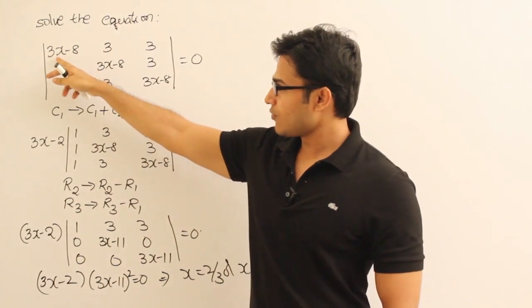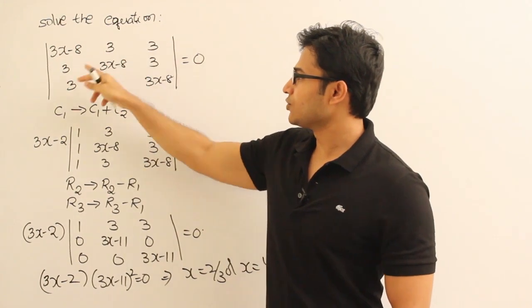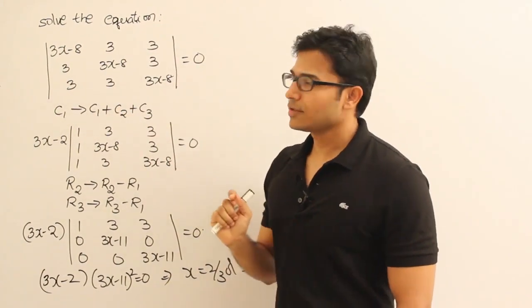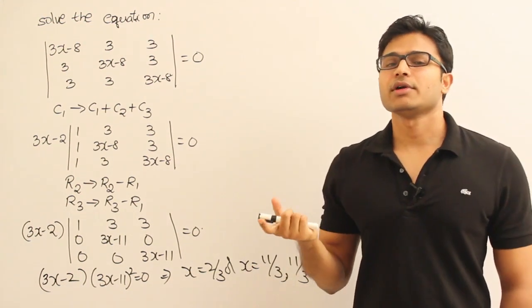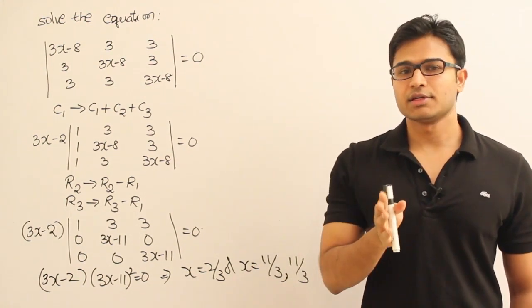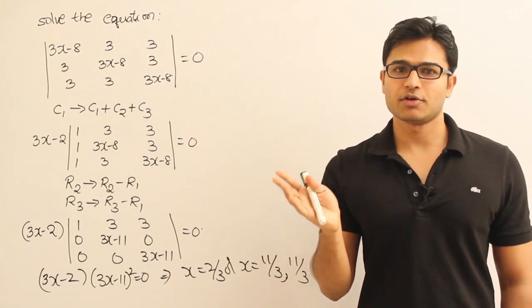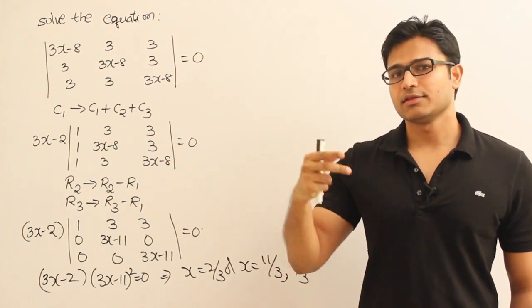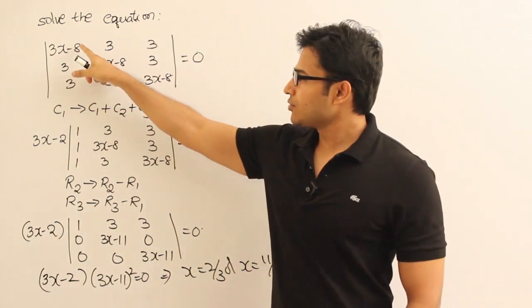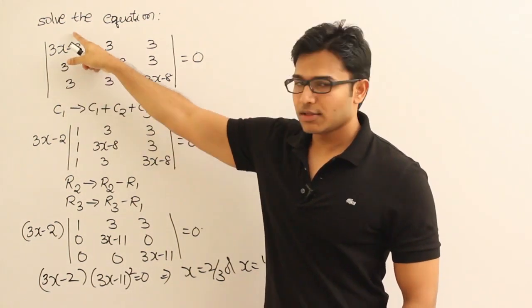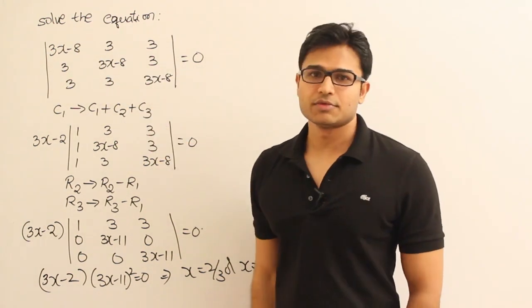And even if you take the sum of all the elements of each row, again that is also 3x minus 2. So either you can sum up all the rows or all the columns, replace the result in one of the columns or rows, and then pull that out as common. What I am trying to do is replace column 1 with the sum of all the columns.